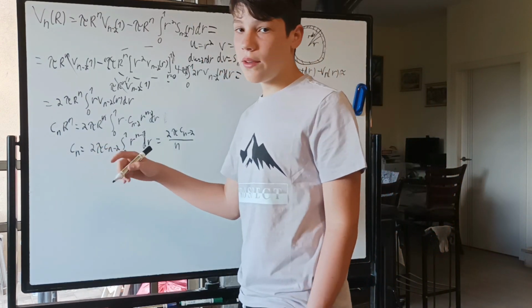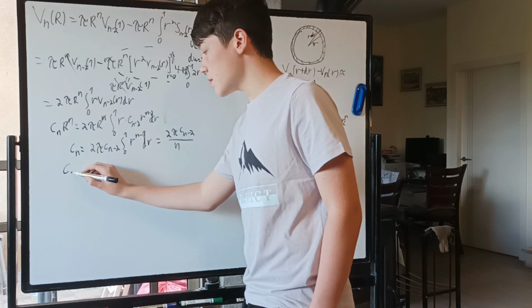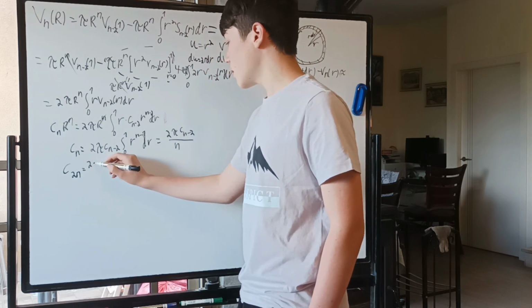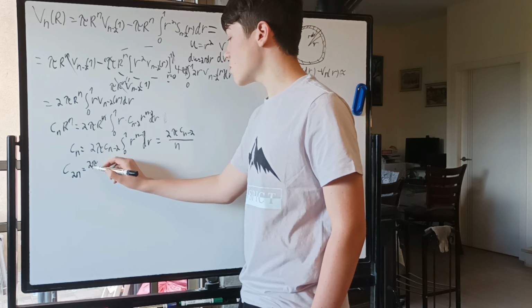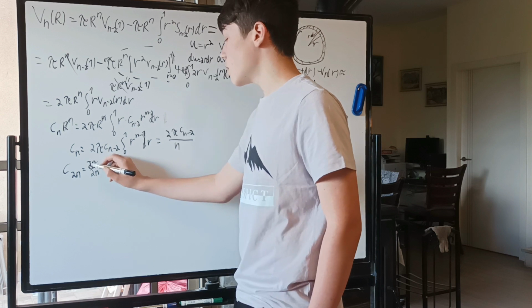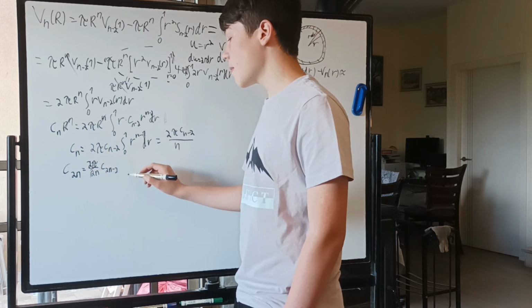So let's do it for evens and odds. So C_{2n}, what is it going to be? Well, like in our formula, this is 2 pi over 2n, C_{2n-2}. The 2 cancels out, this is pi over n.